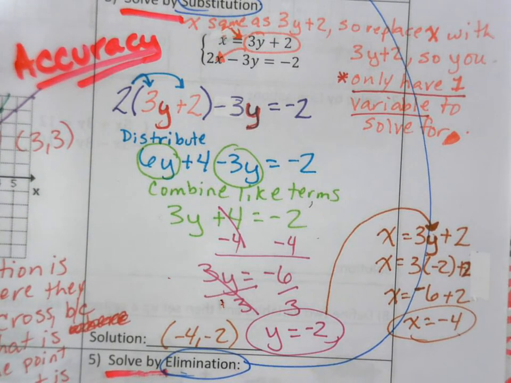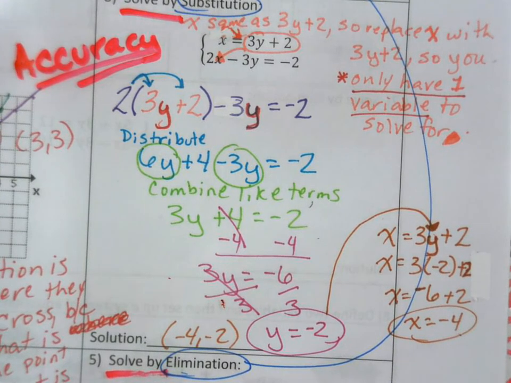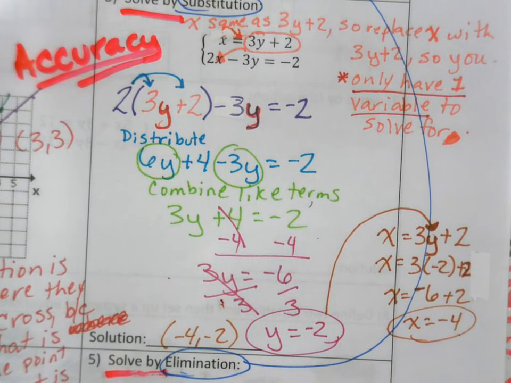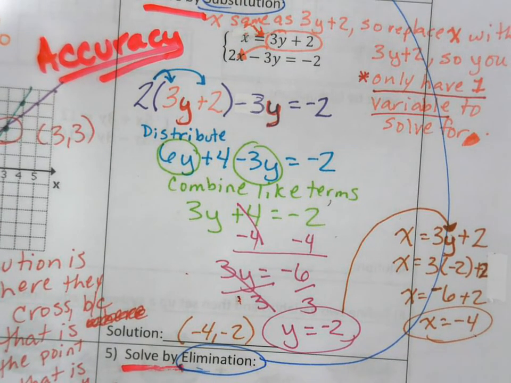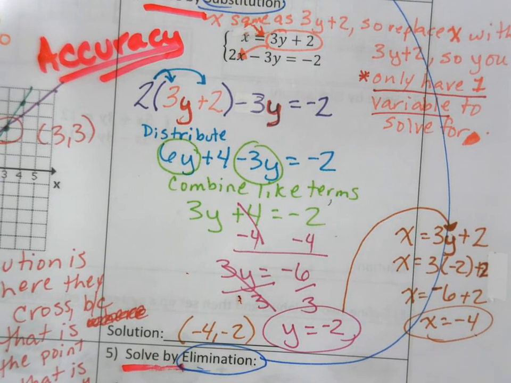Okay. So I want to illustrate this one with algebra tiles, just to give you a visual of what happens when you're substituting. The algebra tiles that I just showed you are showing the work that I did here algebraically. We had to replace two x's with this. That's why I distributed this 2, giving me 6 positive y's and 4 positive 1's. And I already had the 3 negative y's on the same side, so some of them canceled, leaving me only 3y.